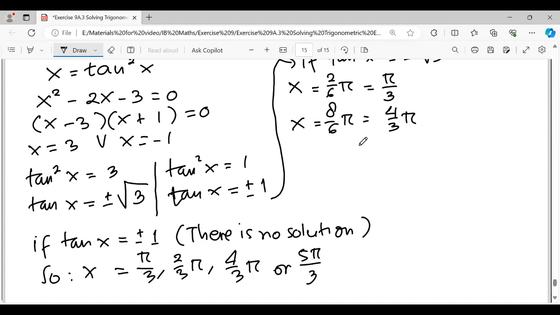I think this is clear. Why 5 pi over third? Because this one, x equals 2/3 pi plus pi, becomes 5 pi third.